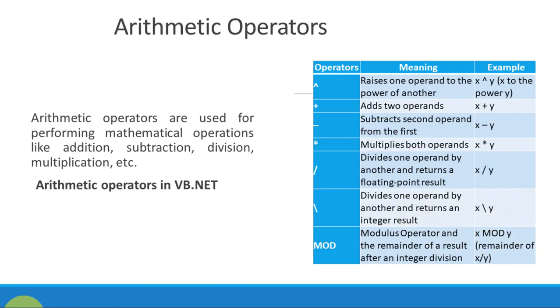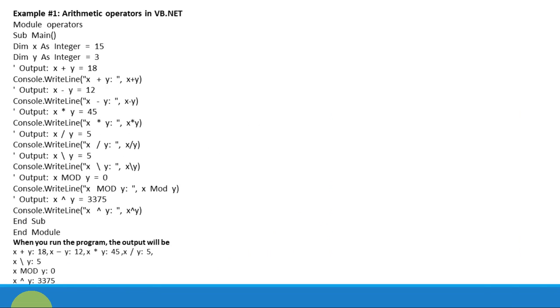Next, we will discuss an example containing arithmetic operators. We are declaring variables x and y as integers: x as 15 and y as 3, first of all. Now, this is a comment: output, x plus y is equal to 18. Now Console.WriteLine, x plus y is equal to x plus y.